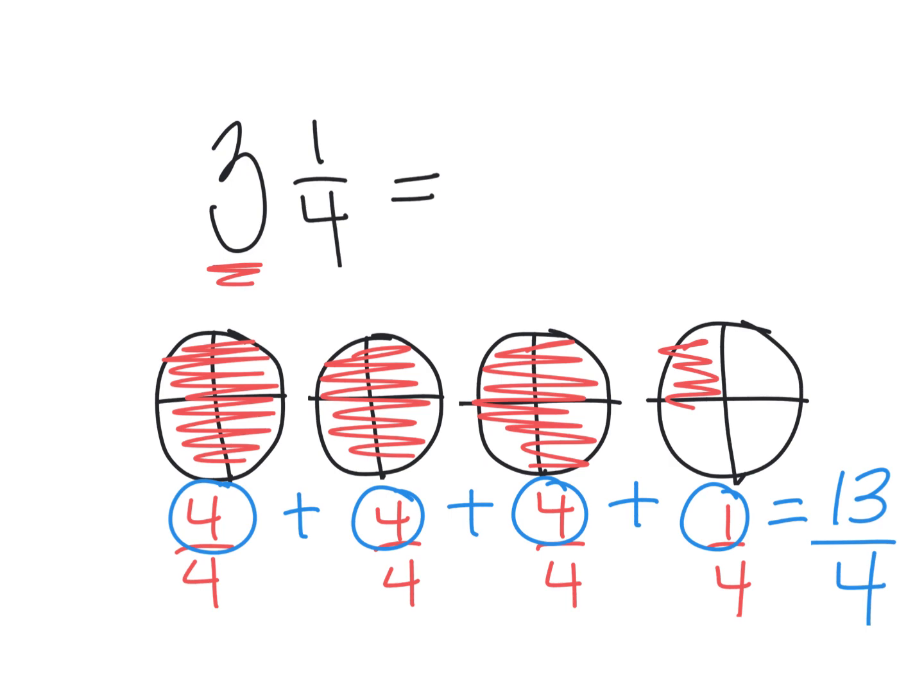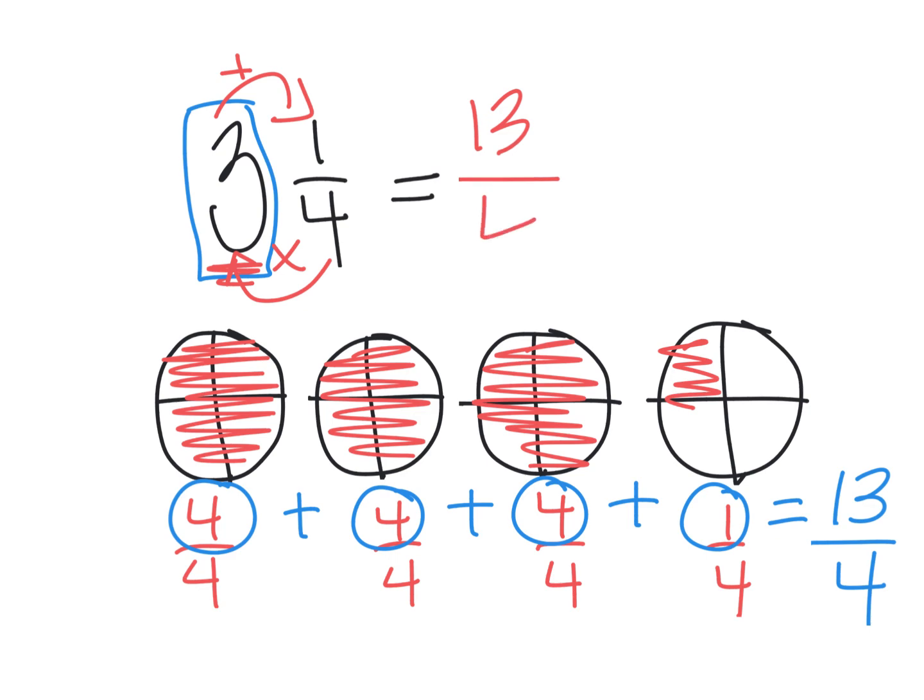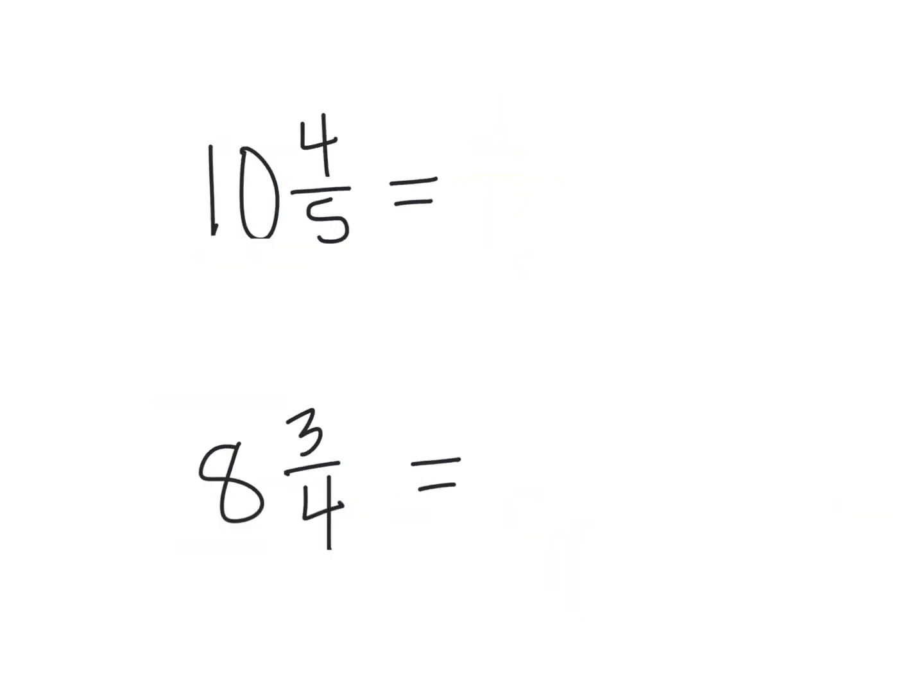Because again, the 3 is representing 3 groups of 4 fourths, which gets me to 12 fourths, and then add the 1/4. I also know that I can start at my denominator, and I would do 4 times 3, which is 12, plus 1, which is 13. Keep the denominator the same. Let's try a couple more. 10 and 4/5.